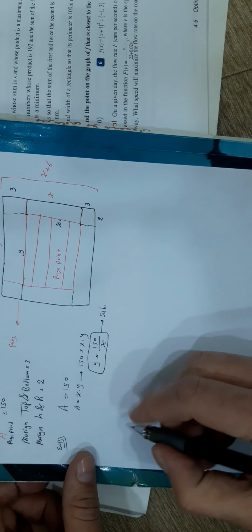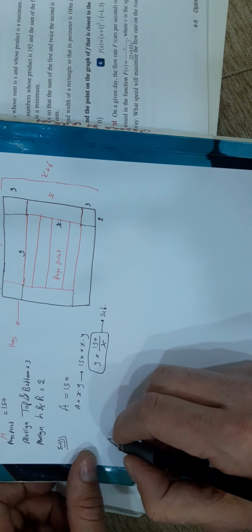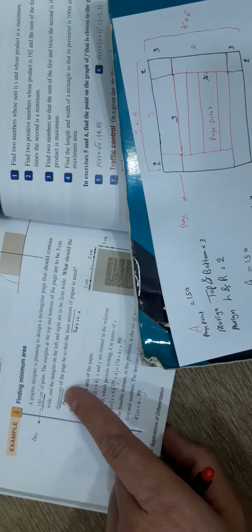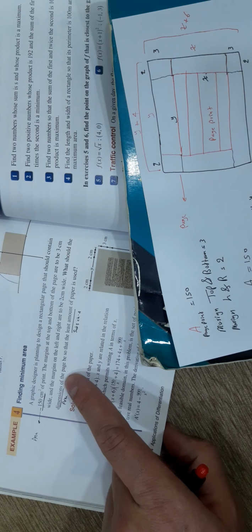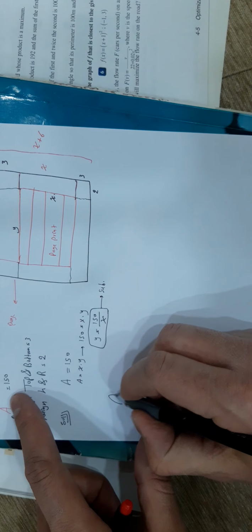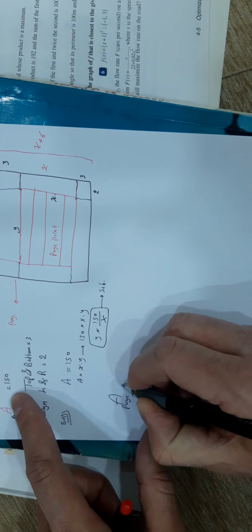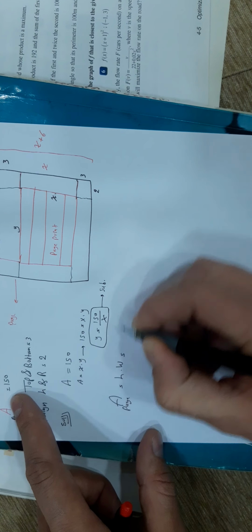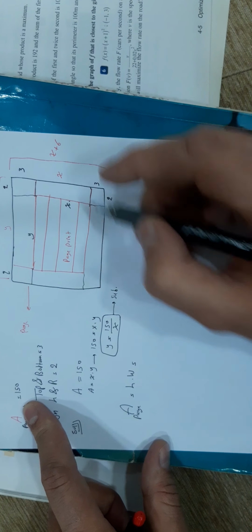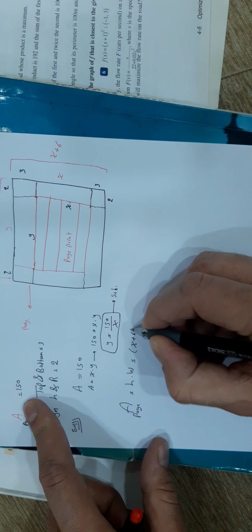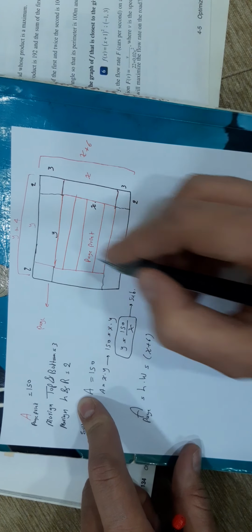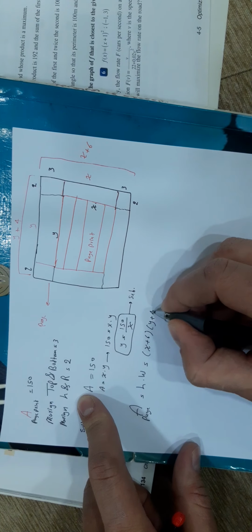About the main equation, طبعا the main equation هكا area, dimension of the page, يعني area of the page. Area of the page is also length times width, but the length of the page is equal to x plus 6 and the width of this page is equal to y plus 4.